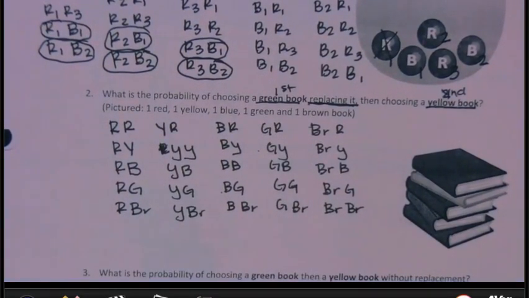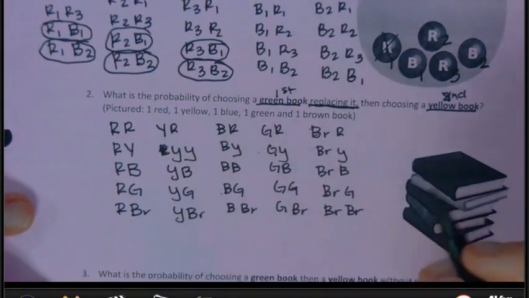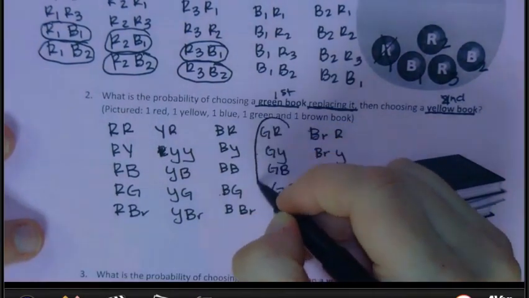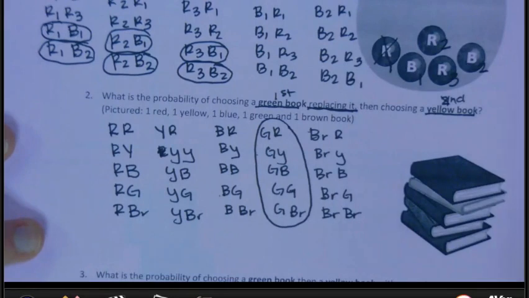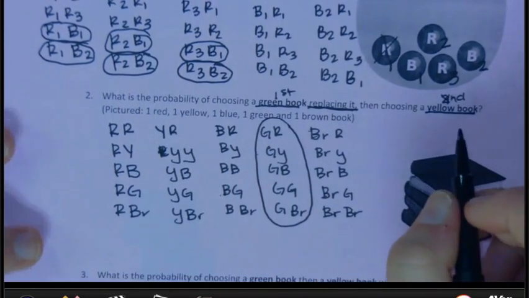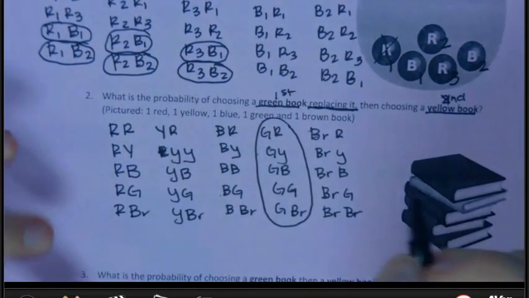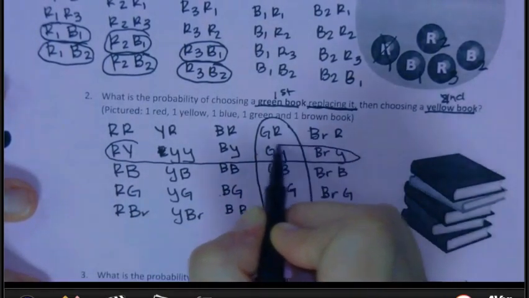Okay, so I want to know, what is the probability of choosing a green book first? Okay, well, I can have this entire column here of choosing green first. Okay, so now I replace it. Then I want to know, what's the probability that I'm going to choose a yellow the second time? Well, drawing yellow the second time is this entire row here.